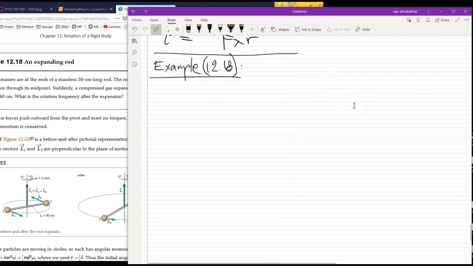And what you want to do in this case is, let me draw it for you first. And here's the two dumbbells like that. There's the center.